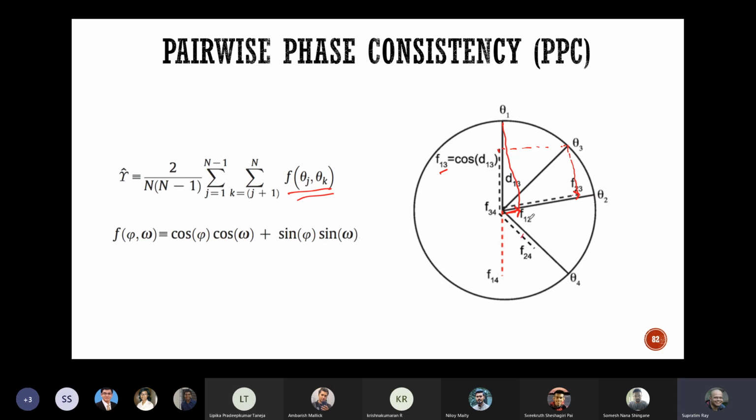I guess that's it, right? F12, F13, F14, F23, F24, and F34. So these are the 6 vectors. The average of these is the PPC. Okay, so that's the pairwise phase consistency.